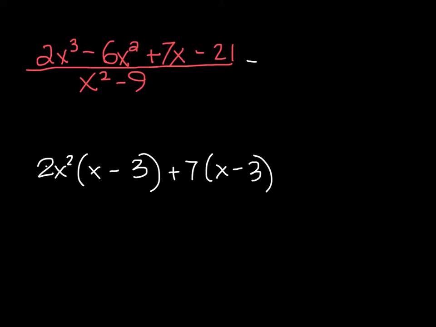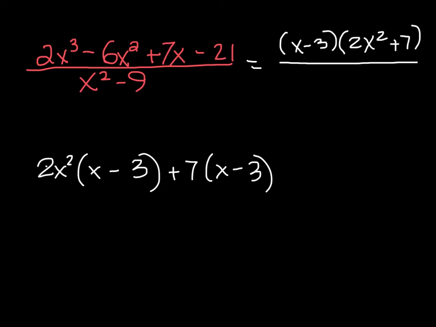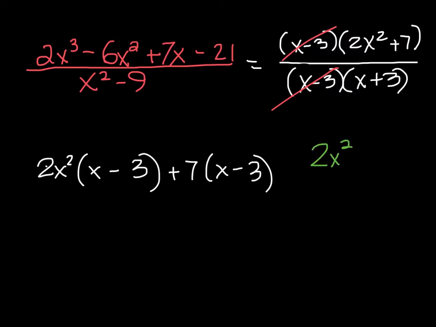So the numerator will factor into (x minus 3)(2x squared plus 7). The denominator is the difference of squares, so that will factor as (x minus 3)(x plus 3). Notice I can cross these two factors out, so my final answer will be 2x squared plus 7 over x plus 3.